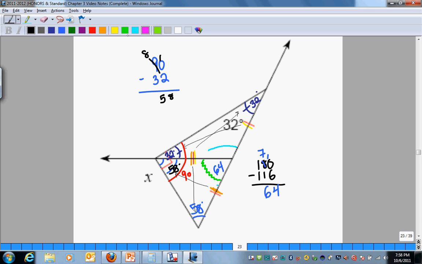And if we want to find this last angle x, we simply sweep, and we notice it makes 180 with the 58. So we can do 180 minus 58, and we get this last angle right here to be 122 degrees.